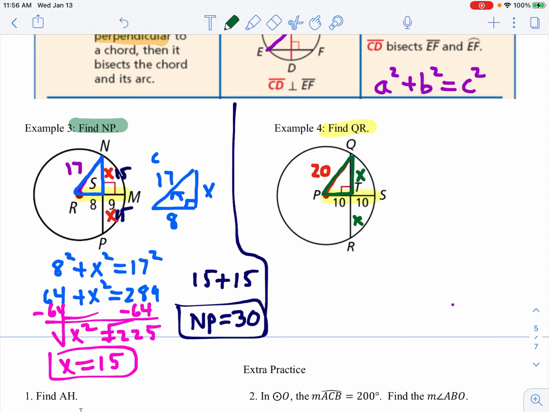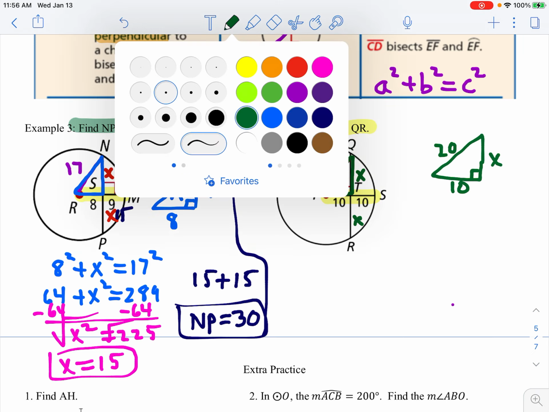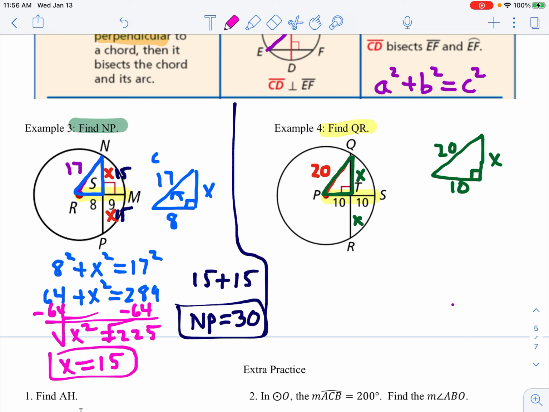Now let's remove that triangle and see what we're going to be looking at. I've got a 10 on the bottom of the triangle I removed, I've got a 20 on the left, and I have an X on the right. Let's do the Pythagorean theorem. X squared plus 10 squared is equal to 20 squared.